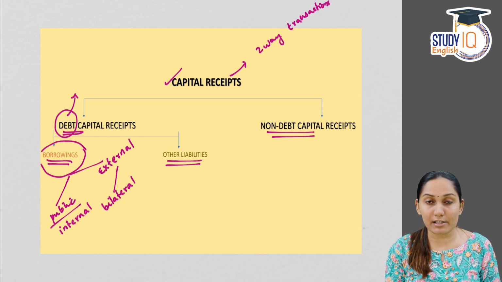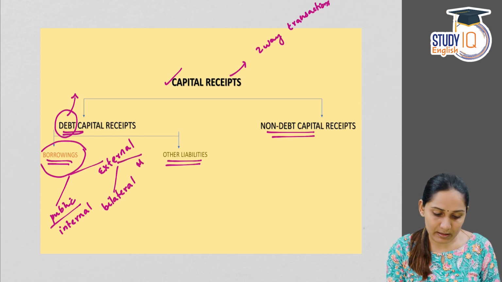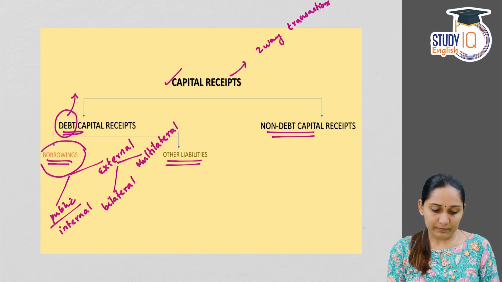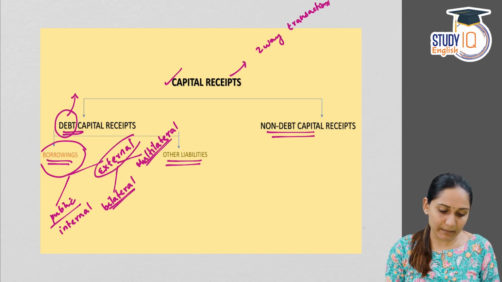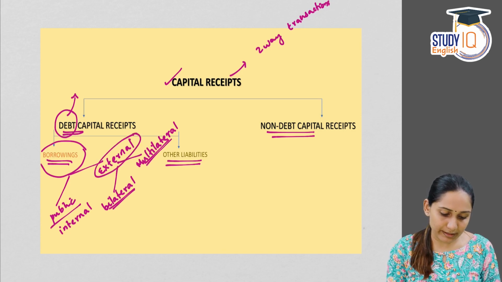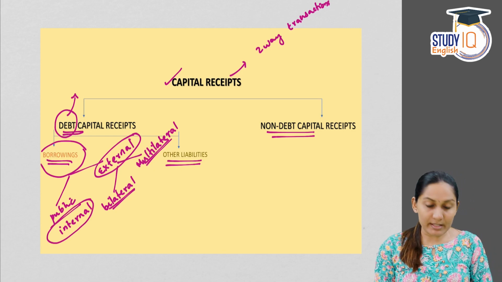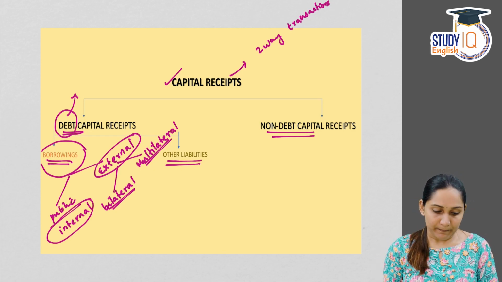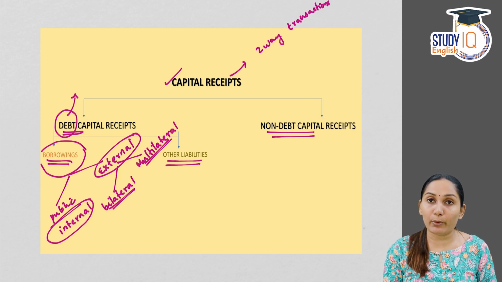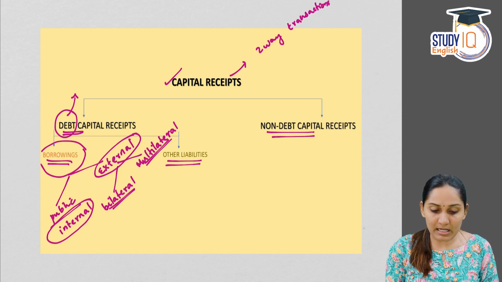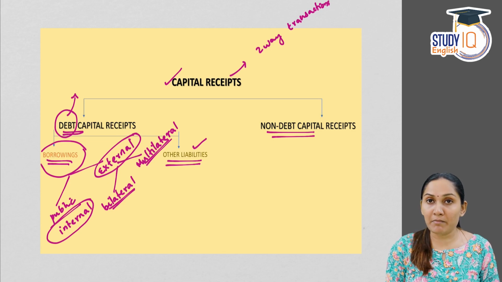If it's from an international organization, it is called multilateral borrowing. So borrowings can be either internal or external. External can be further classified as bilateral borrowing and multilateral borrowing. And other liabilities, liabilities other than borrowing.